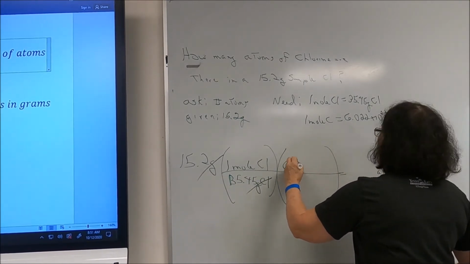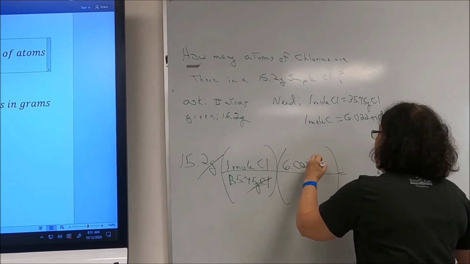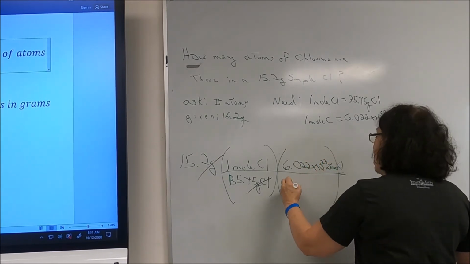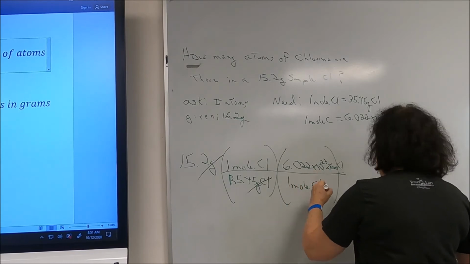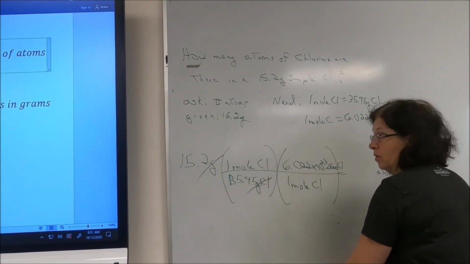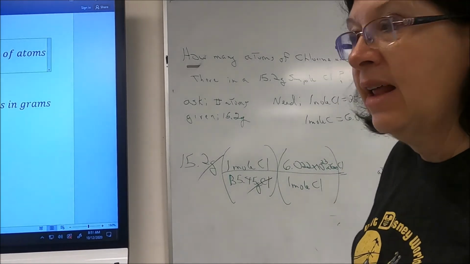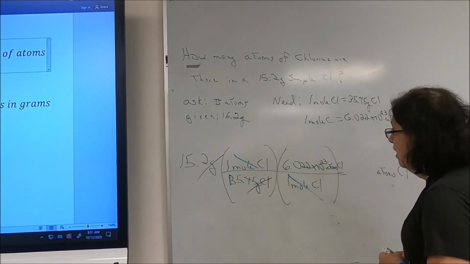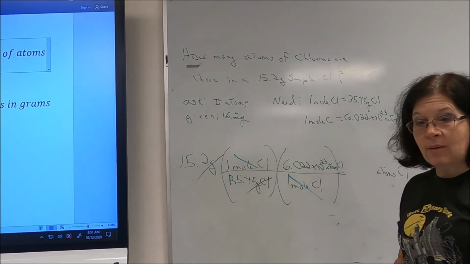So I'm going to use 6.022 times 10 to the 23 atoms of chlorine on top, 1 mole of chlorine on bottom. So notice that moles of chlorine and moles of chlorine divide out. I'm now in units of atoms of chlorine.